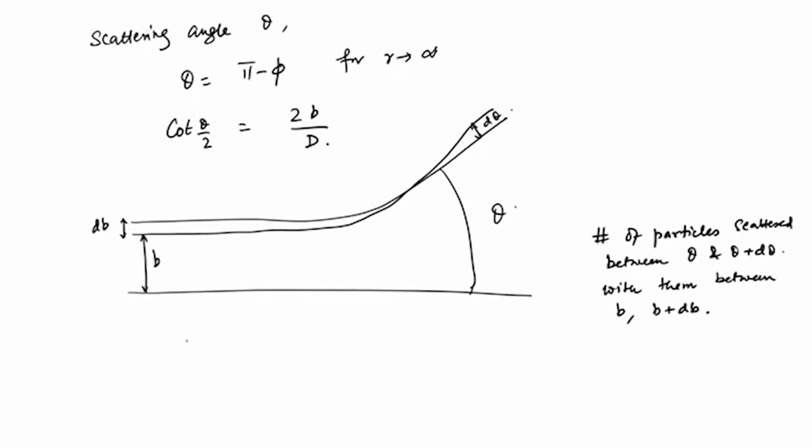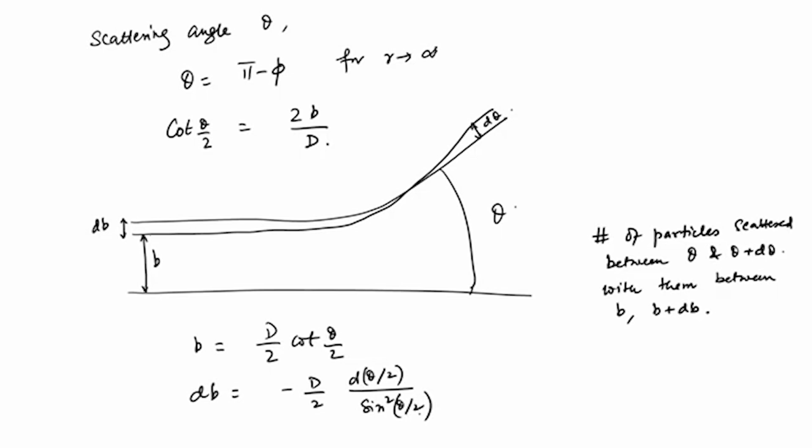Okay. So, we use b equal to d by 2 cot theta by 2, and dB becomes equal to minus d by 2 d theta by 2 sine square theta by 2. Okay.